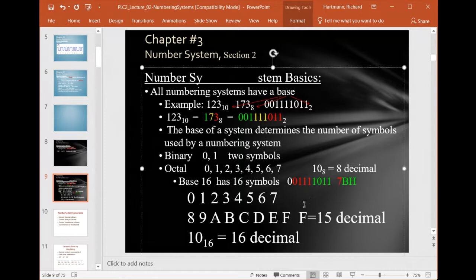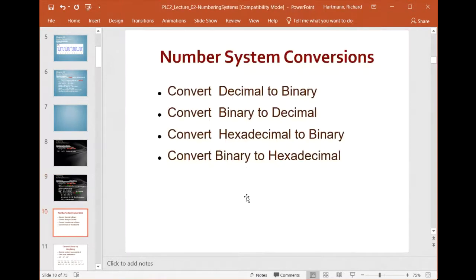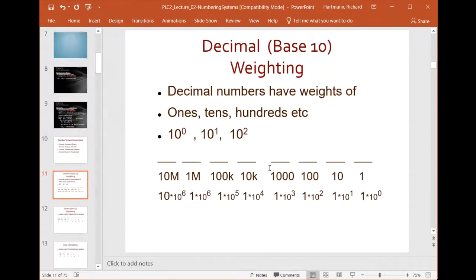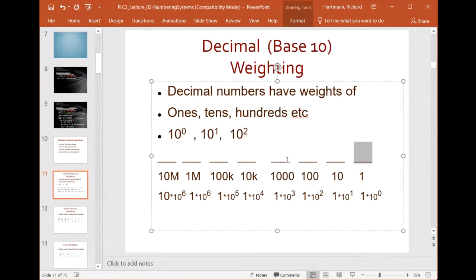All right, so to convert, we're going to break it down into the columns. We start with decimal, just to remind you: this is the ones column, the tens column, the hundreds, the thousands, the 10,000s.